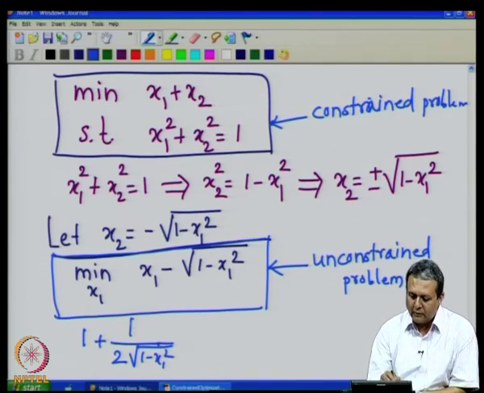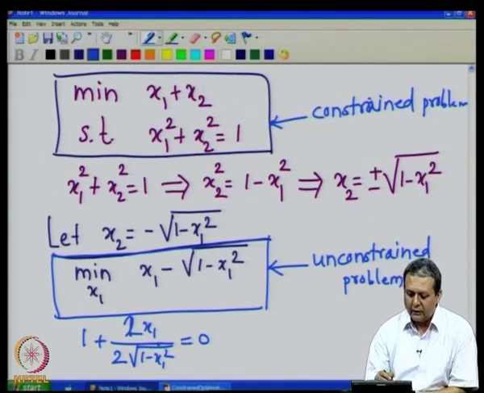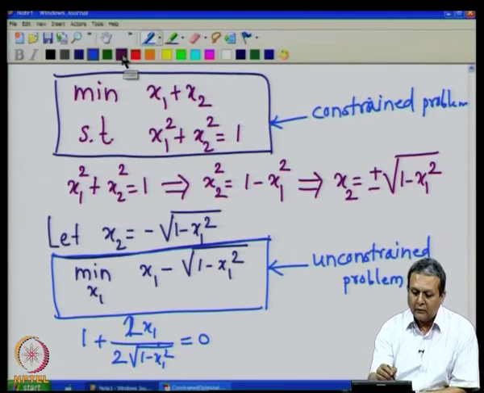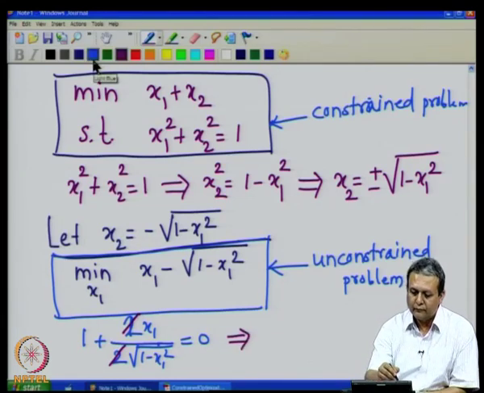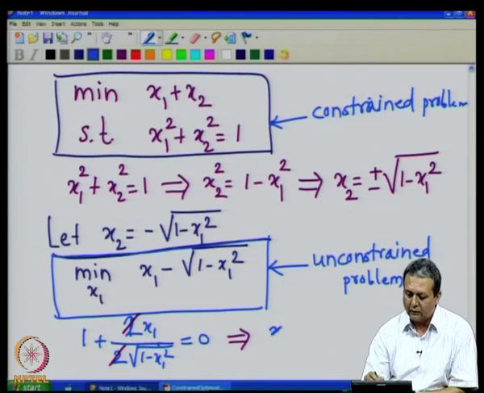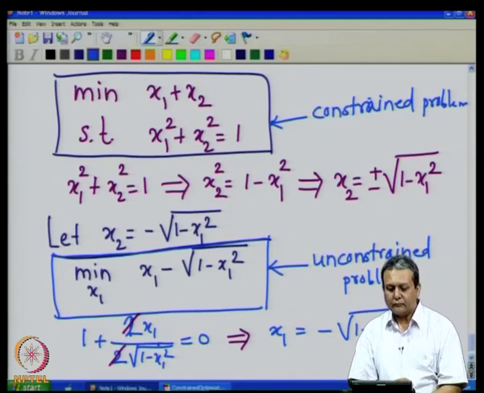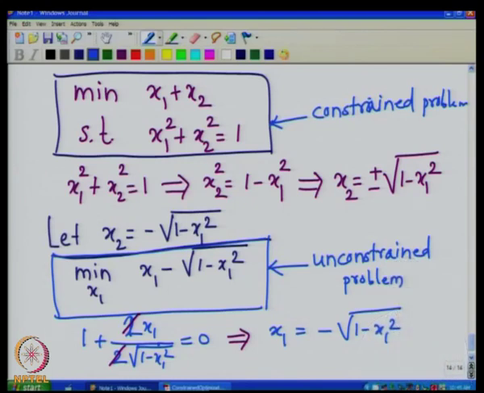So, what we have is plus 2 x1, that is equal to 0, and these quantities get cancelled, and what we get is x1 equal to minus square root of 1 minus x1 square, and this implies that x1 is minus 1 over root 2.